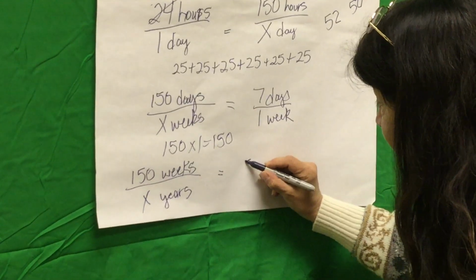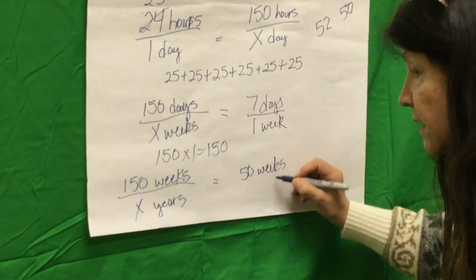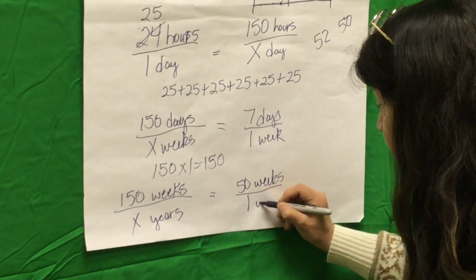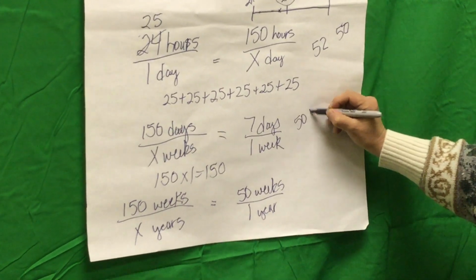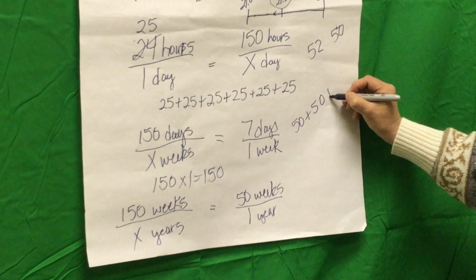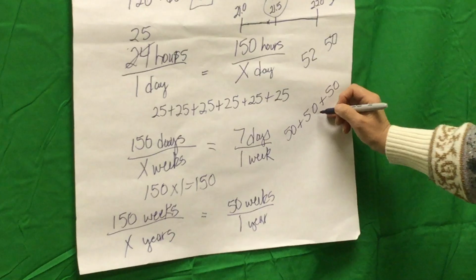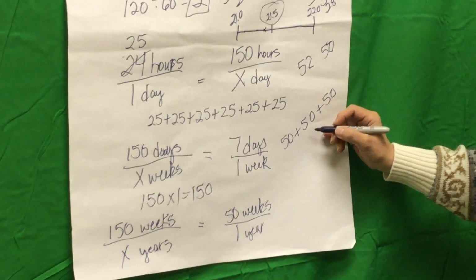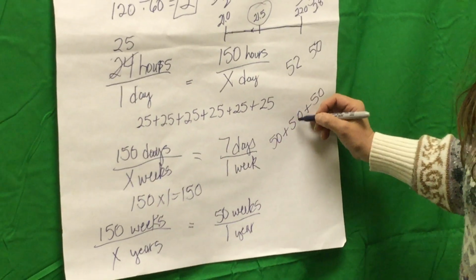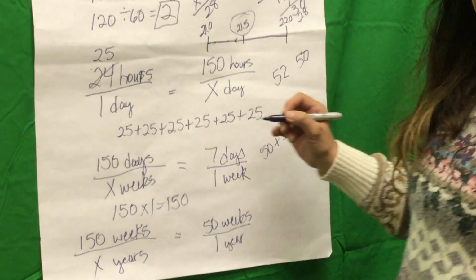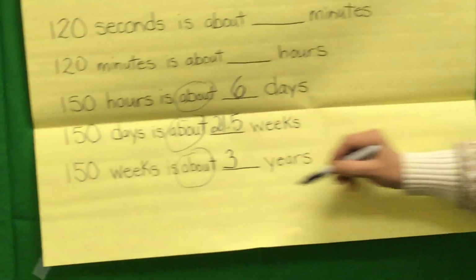So you take 50 weeks in 1 year. So you got 50 plus 50 plus 50, because I do all of my quarters and 50 by dollars because we grew up with money. So 50 and 50 is 100, 150. So 150 weeks is about 3 years.